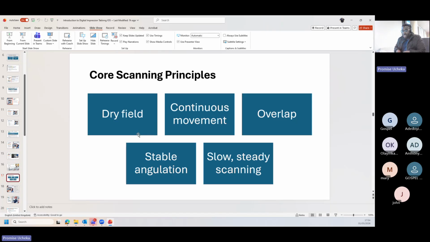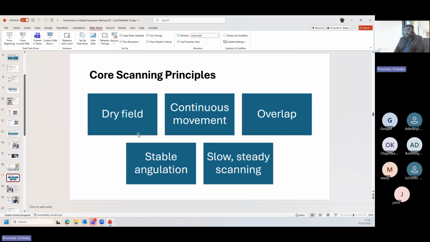You also need to demonstrate consistent movement. Your movement, your speed, your accuracy have to be consistent as you are moving from one side of either the upper jaw or the lower jaw to the other side. If you're going from the right to the left, or from the left to the right, if you're going lingually or buccally or palatally, you have to maintain consistent movement, and the principle will be the same for all of that.